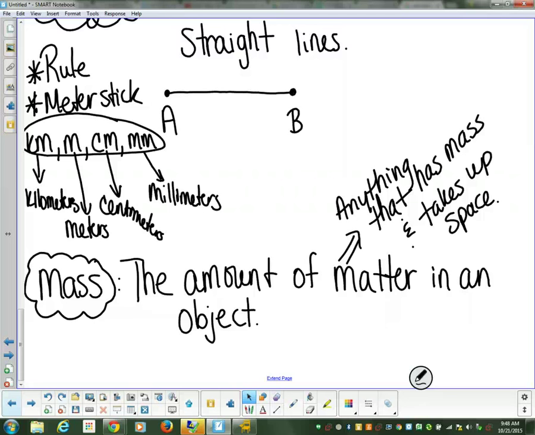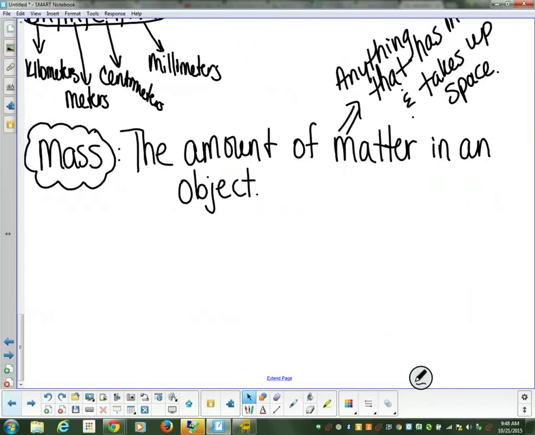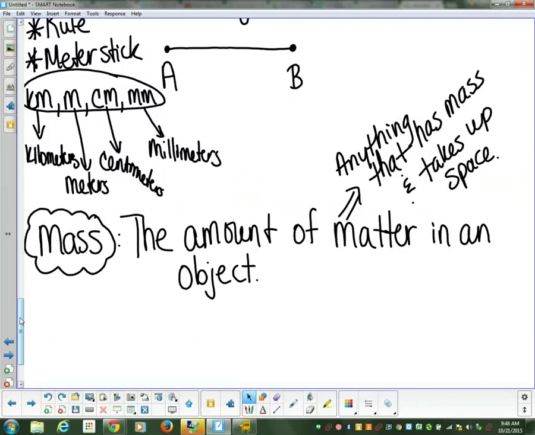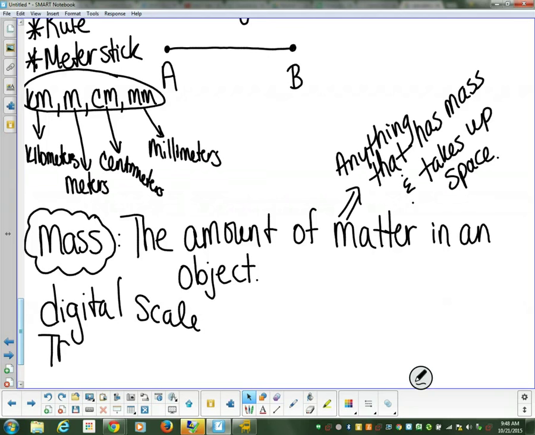And in order to measure that, we need to use things like a digital scale, or we used a triple beam balance for it.